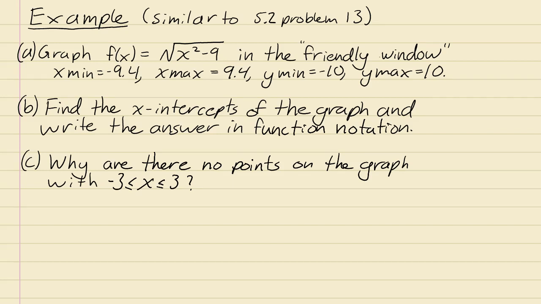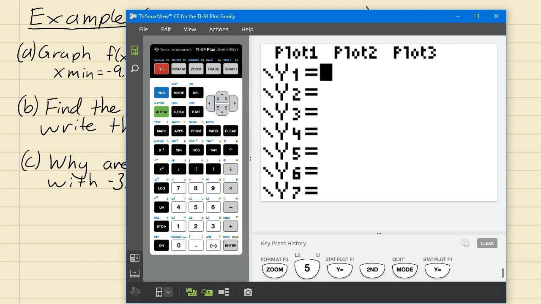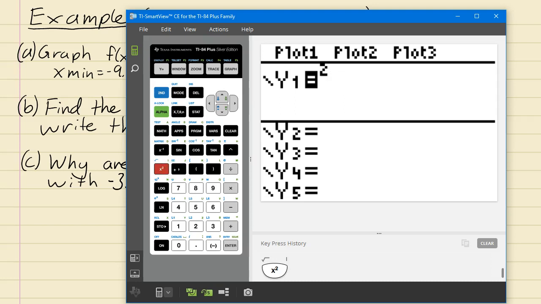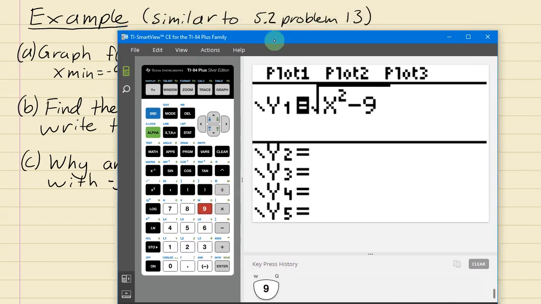So we're going to start by graphing this function. We go to y equals, and we want to graph y equals the square root of, whoops, that's x squared, the square root of x squared minus 9, right?